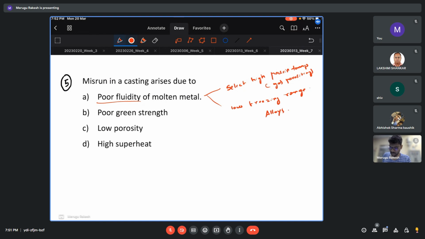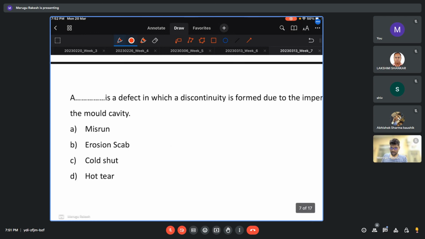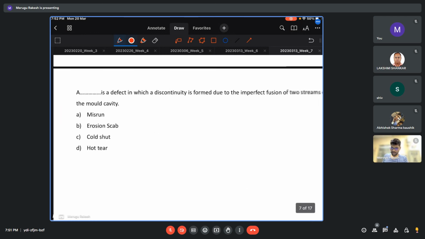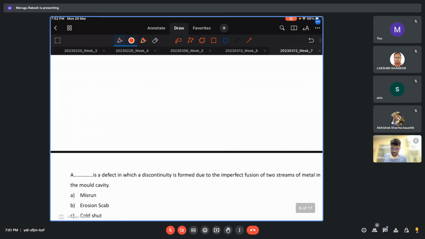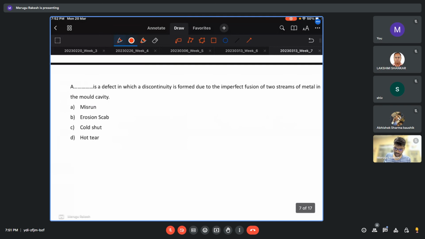Then the other is gating design. You can take care of this in order to reduce the misrun. Okay. Yes, okay. Continue.